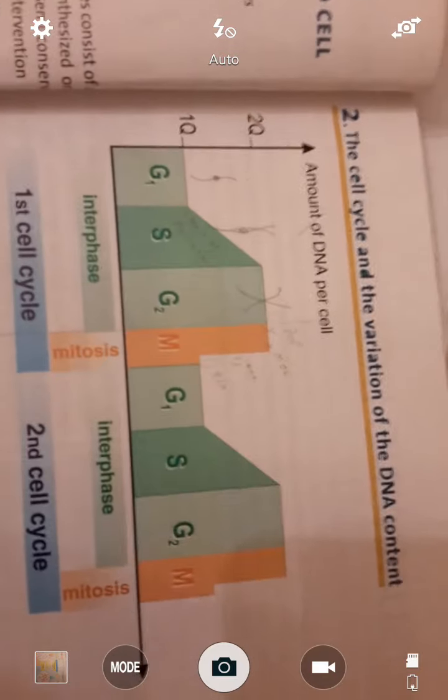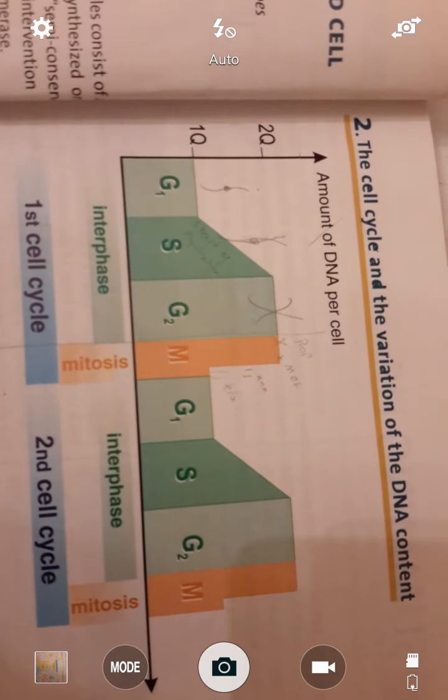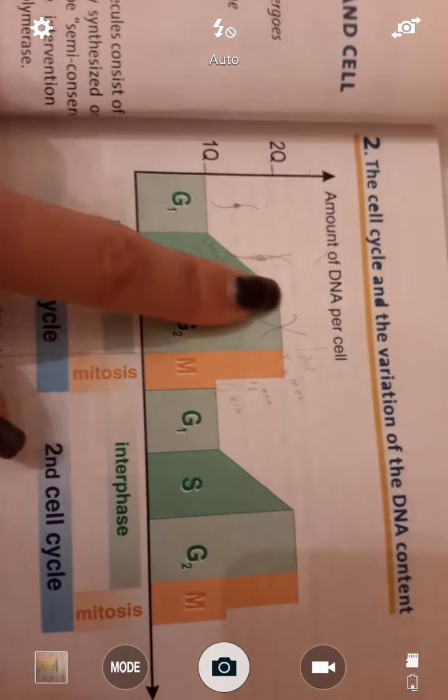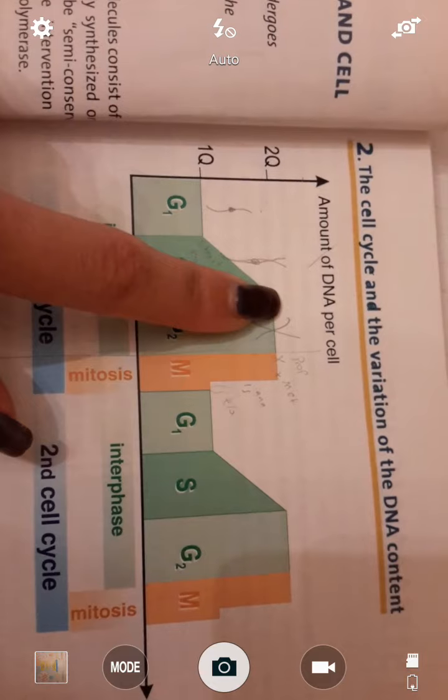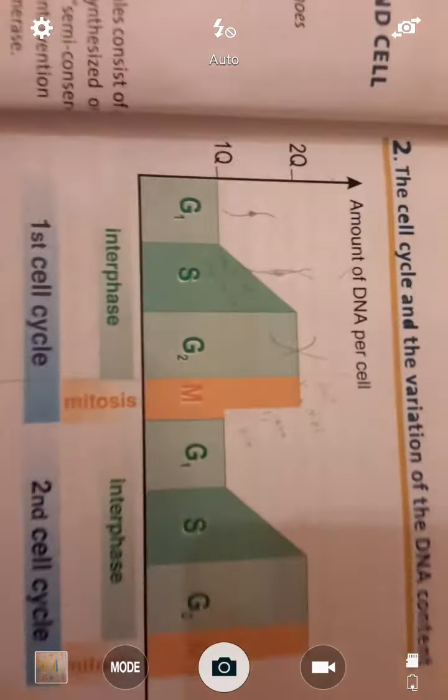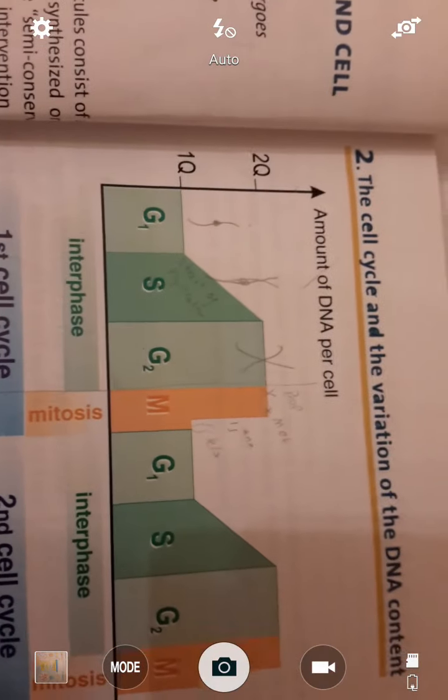They don't have a shape, they don't have a good structure. During the synthesis phase, chromosomes are being somehow coiled, and each chromosome starts having two chromatids at the end of S phase. So we reach the G2 phase having a chromosome made up of two chromatids.